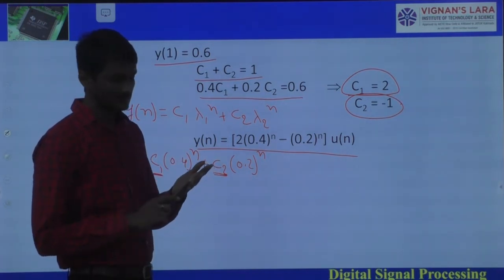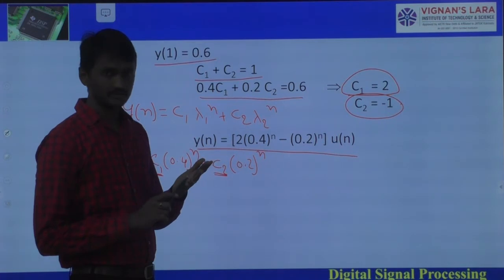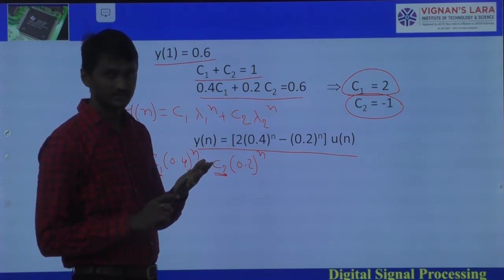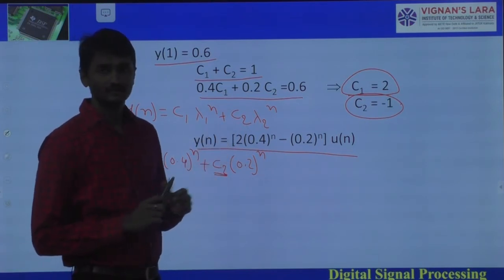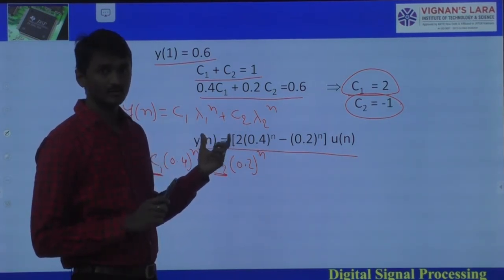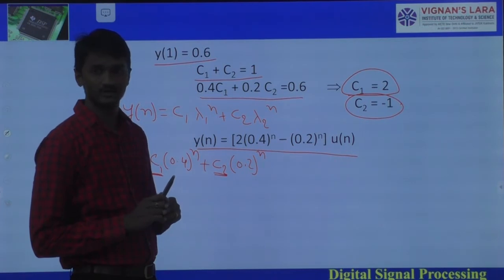So please remember, to find the impulse response, we have to equate the particular solution to 0, and we have to consider only the homogeneous solution. y of n is equal to yh of n.